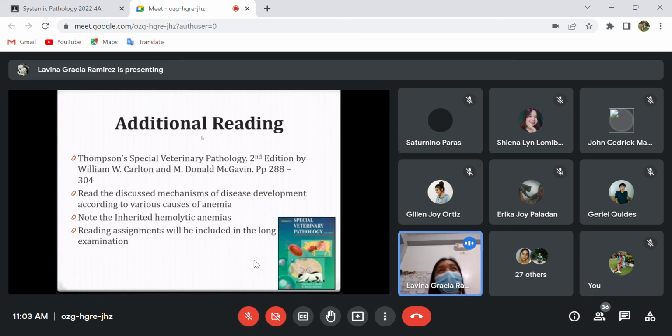Napakaganda ng discussion na. So, I think I have already uploaded that one, no? Doon sa general patho nyo pa. So, you can read on the systemic patho part, particularly the hemopoietic system. Okay, you can read all what I've just mentioned with regards to RBC problem and the hemolysis. Okay, so you can read on that.